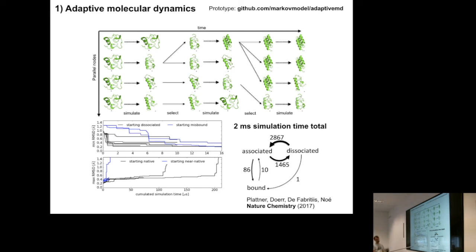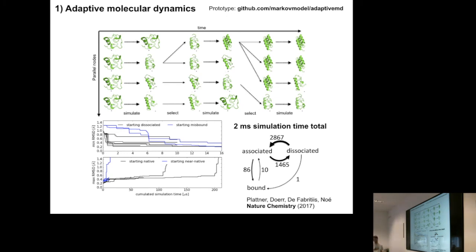But the surprising thing is, with this strategy, we can also unbind the proteins, or dissociate proteins. So if we start from the actual crystal structure, so from the tightly bound state, after about 100 or 200 microseconds, we can see dissociation events. And that is surprising because, as I said, the lifetime of these states is an hour in equilibrium.